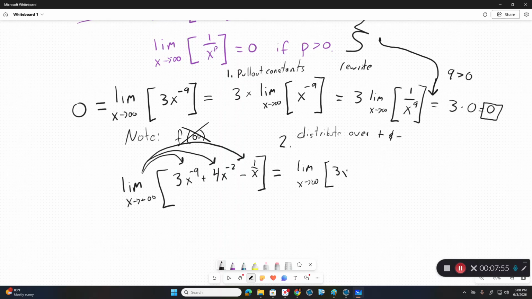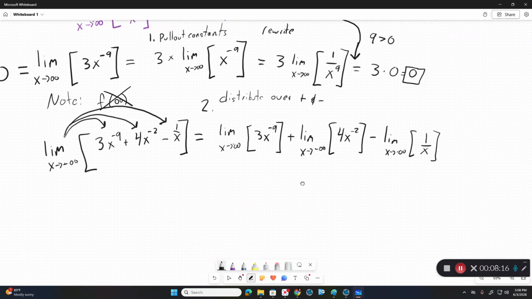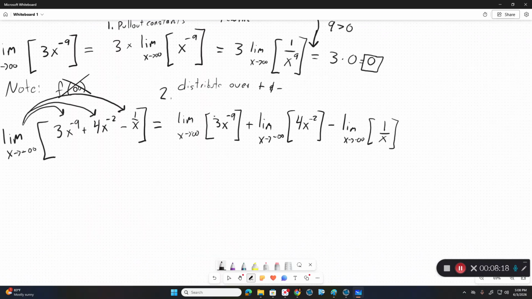So it's going to be the limit as x approaches negative infinity of 3x to the negative 9 plus the limit as x approaches negative infinity of 4x to the negative 2 minus the limit as x approaches negative infinity of 1 over x. Now, once we're here, we can start treating these exactly the same way.